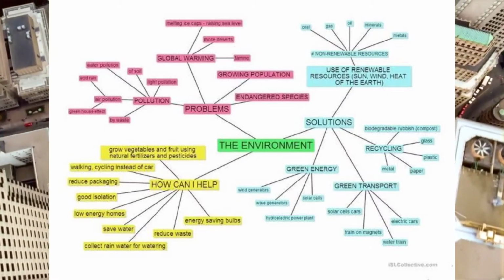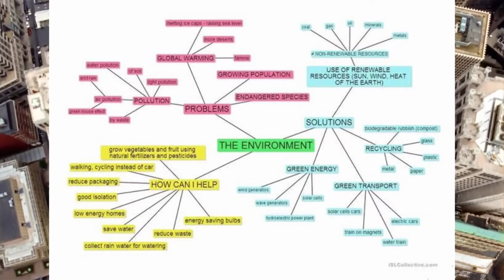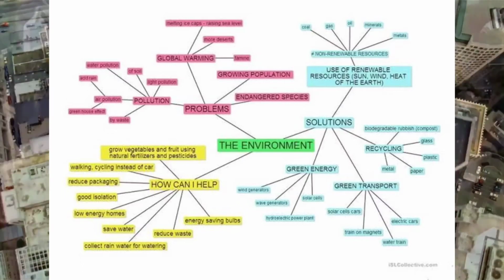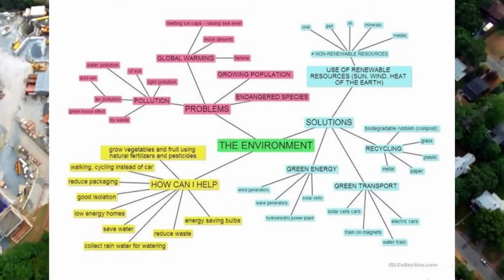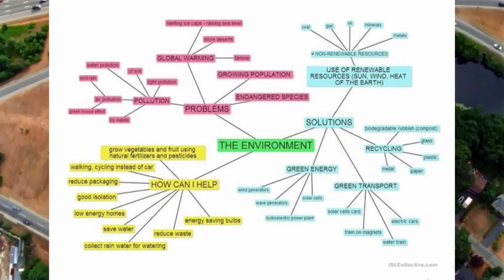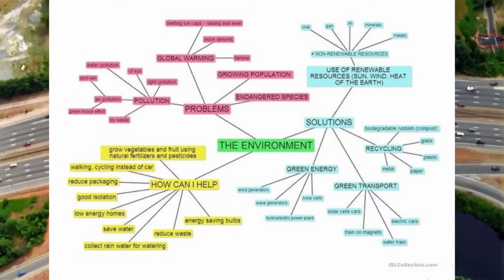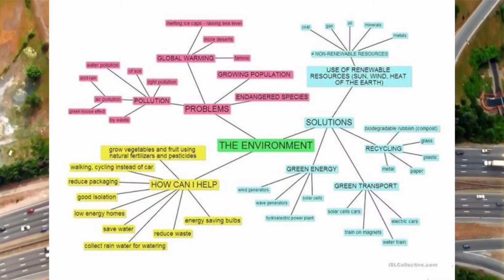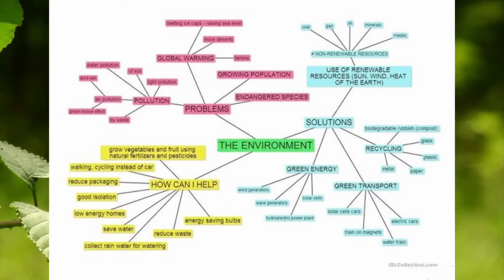Walking and cycling instead of using a car is a very effective way to avoid depleting non-renewable resources and to free our environment from harmful gases. Actually, there are a lot of solutions that we can do to make our environment healthy as well.